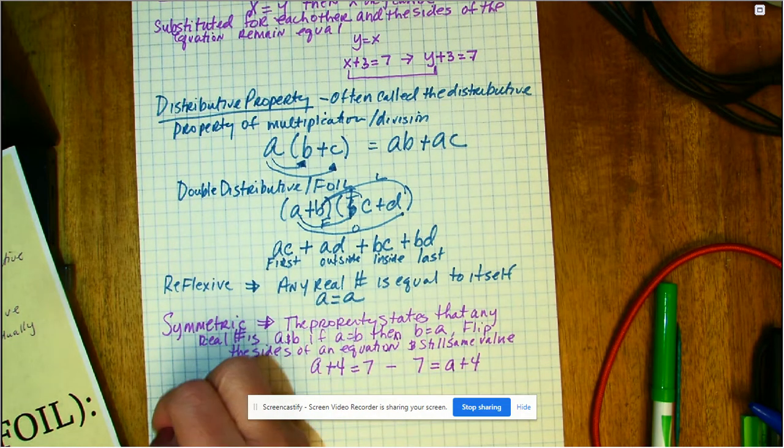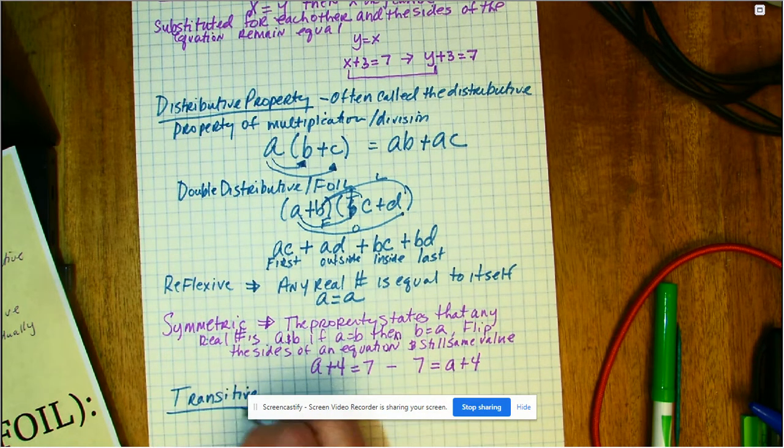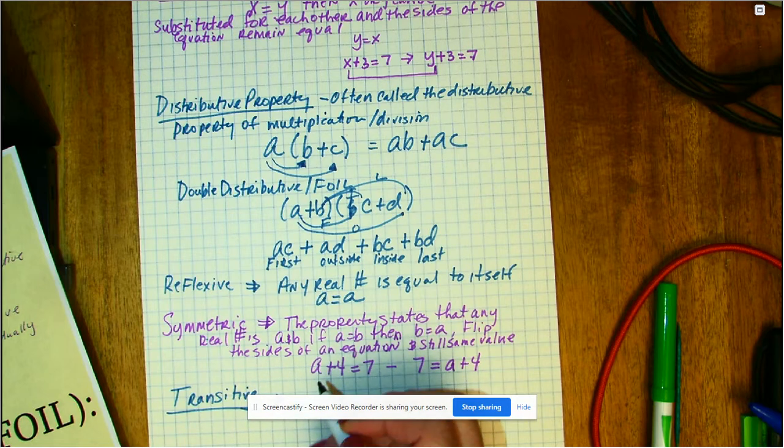And last one, now you're tired of properties. Transitive. Transitive is kind of like here, there, and everywhere.